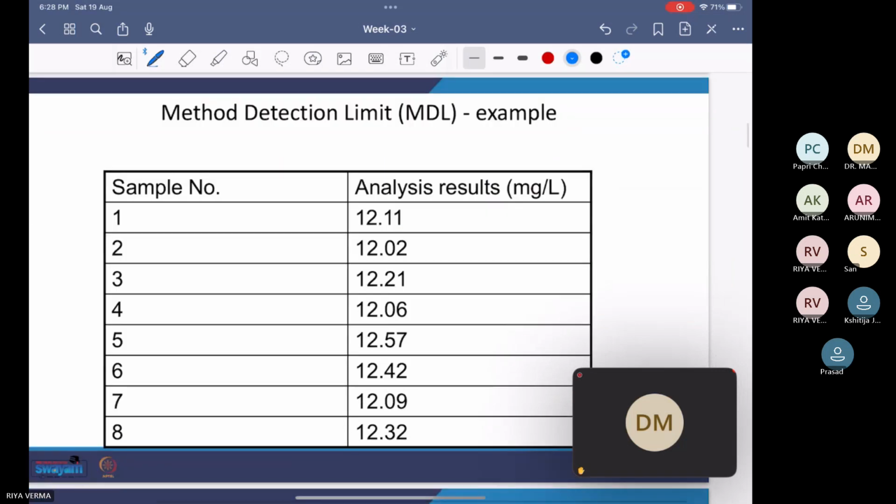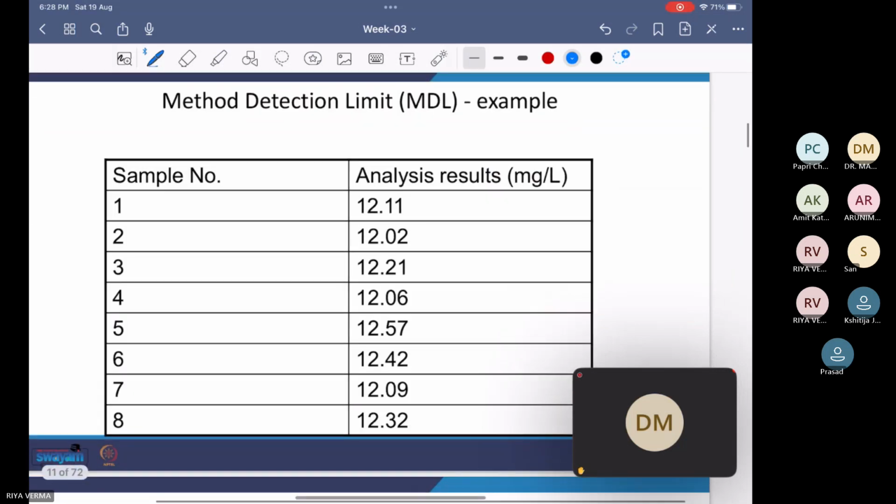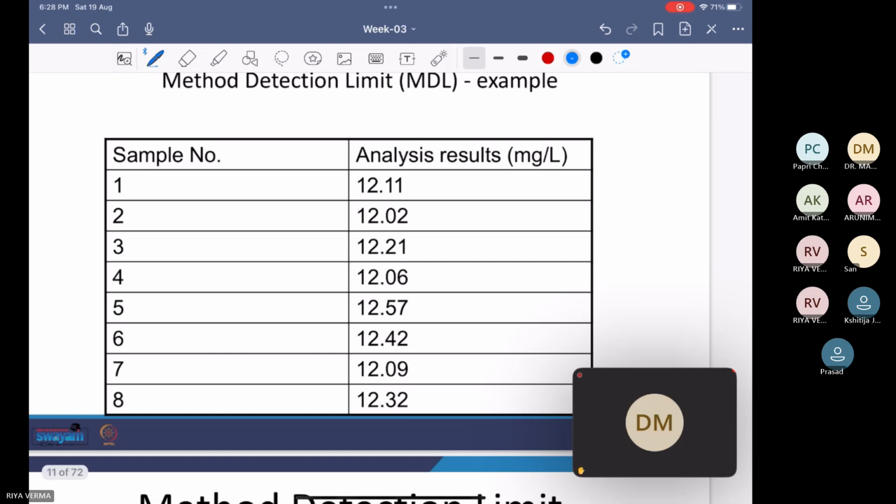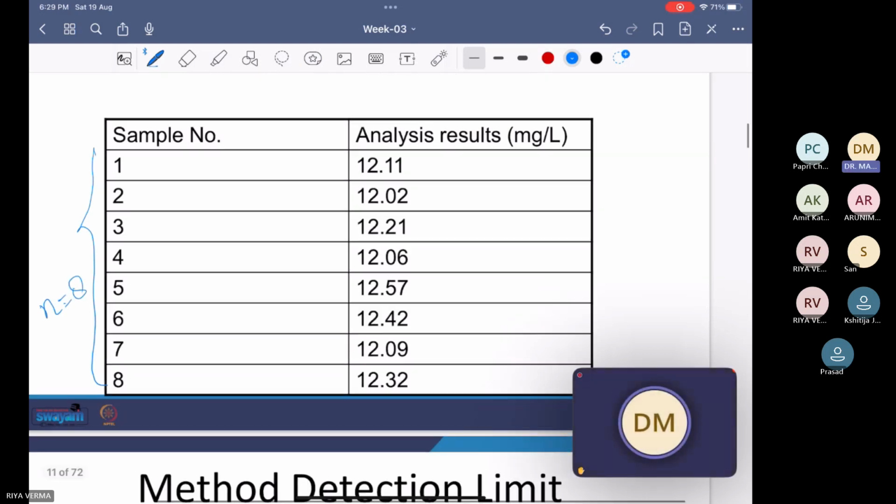For example, we start from MDL, method detection limit. So we have run a certain experiment जिसमें हमारे पास number of samples कितना था, 8. So here n will be equal to 8, right? For every reading we have certain analysis results, like the concentration, that is in milligrams per liter.